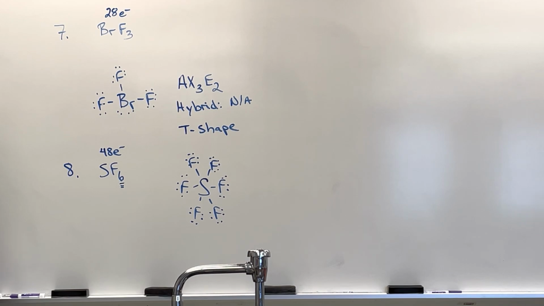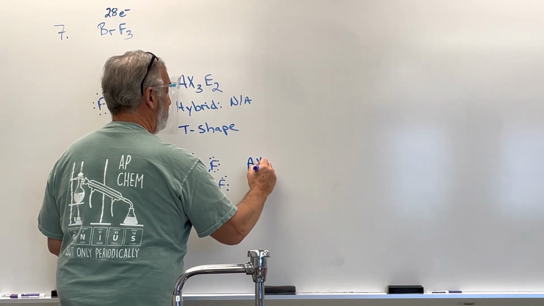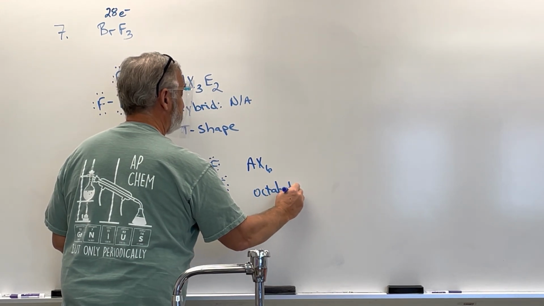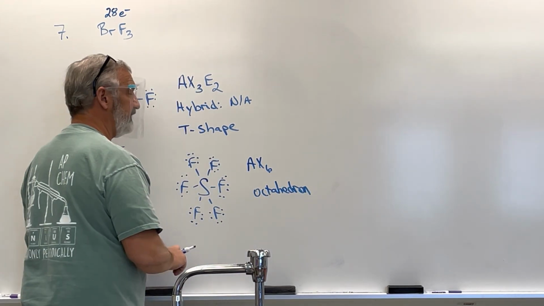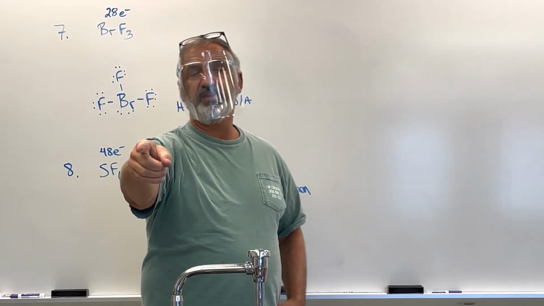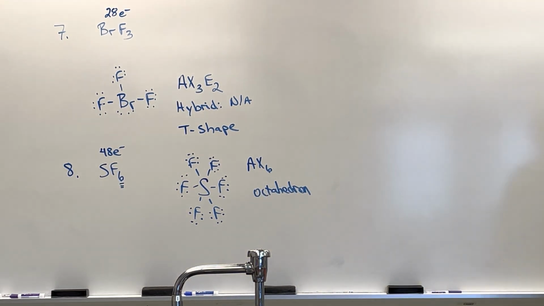So what's my AX formula? AX6. And then that's going to be octahedron. Y'all all have the little model pieces right here. Why don't we build an octahedron? Grab there, Lydia, right here is the one.